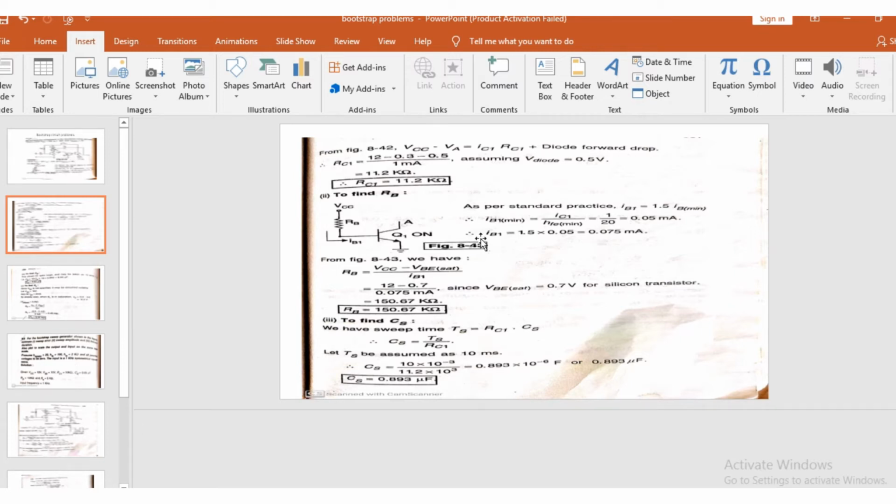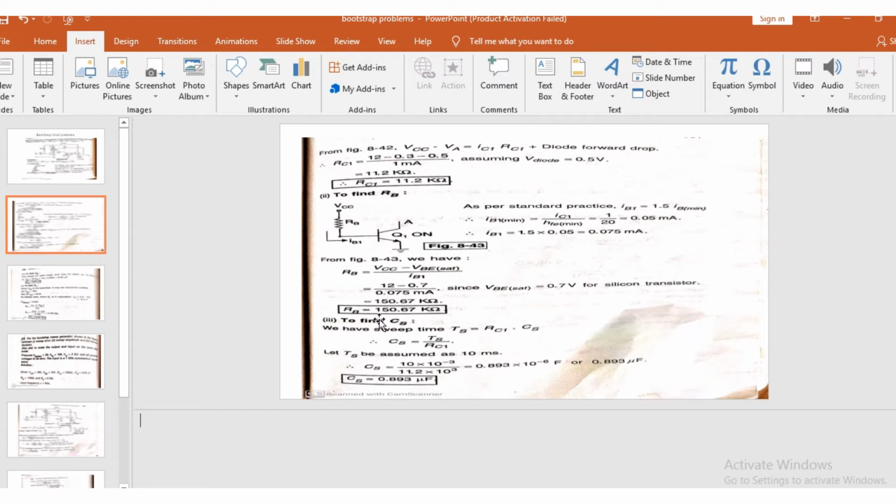Now from figure 8.43, we have a relation for finding RB: RB is equivalent to VCC minus VB sat by IB1. Substituting those values, we get RB equal to 150.6 kilo ohms.